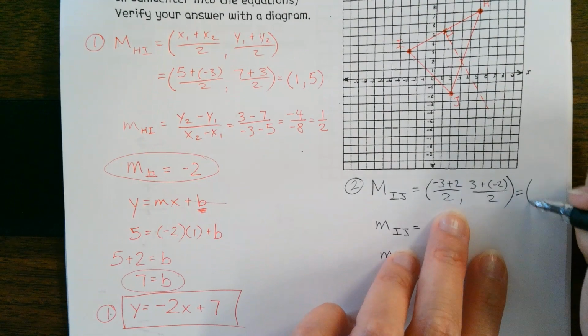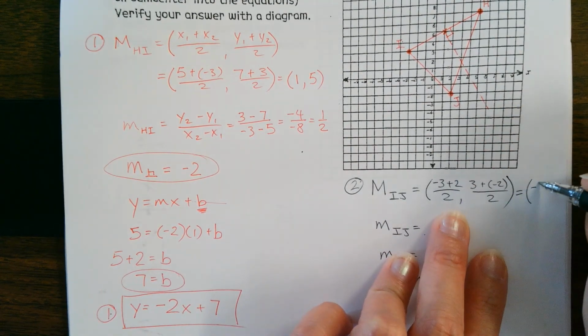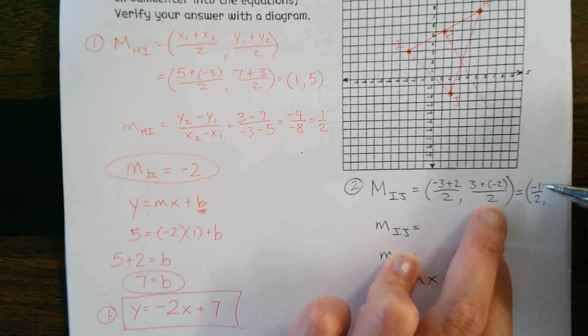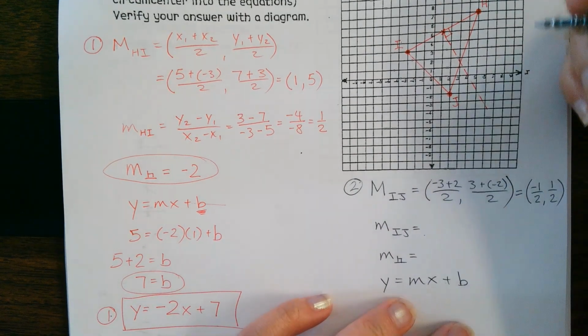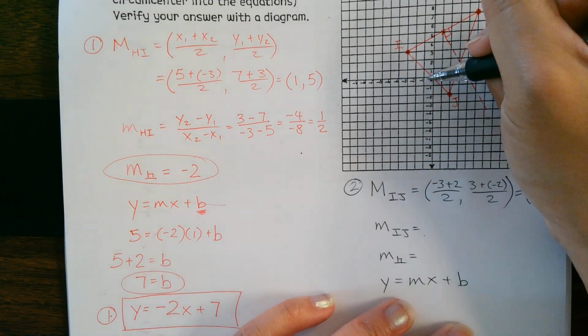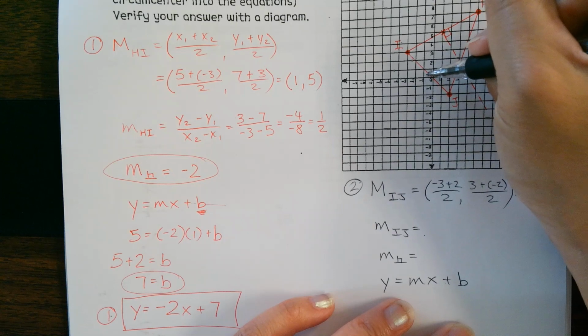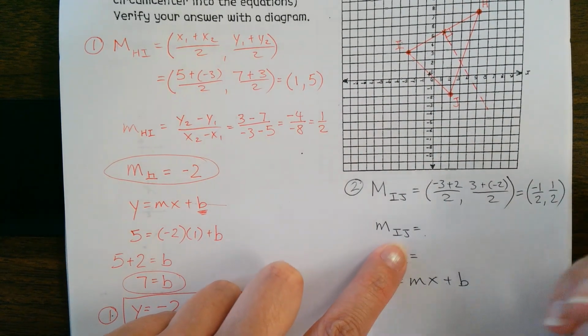When you simplify it, you get negative 1 over 2 and 1 over 2. Go to my graph, negative a half and a half. So right here, looks about right. Looks like it's the middle.